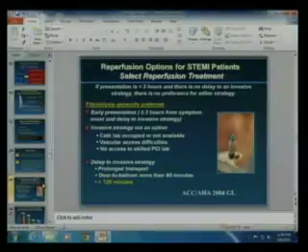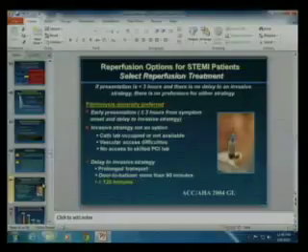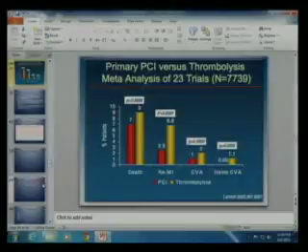If there is a delayed invasive strategy, prolonged transport time, or cath lab occupied or not available. Actually, for this one, in our setting, we use the other lab. But if the door to balloon is more than 90 minutes, sometimes they say 120 minutes, then those patients should be given thrombolytics. So why do we choose balloon-based treatment over thrombolytics?